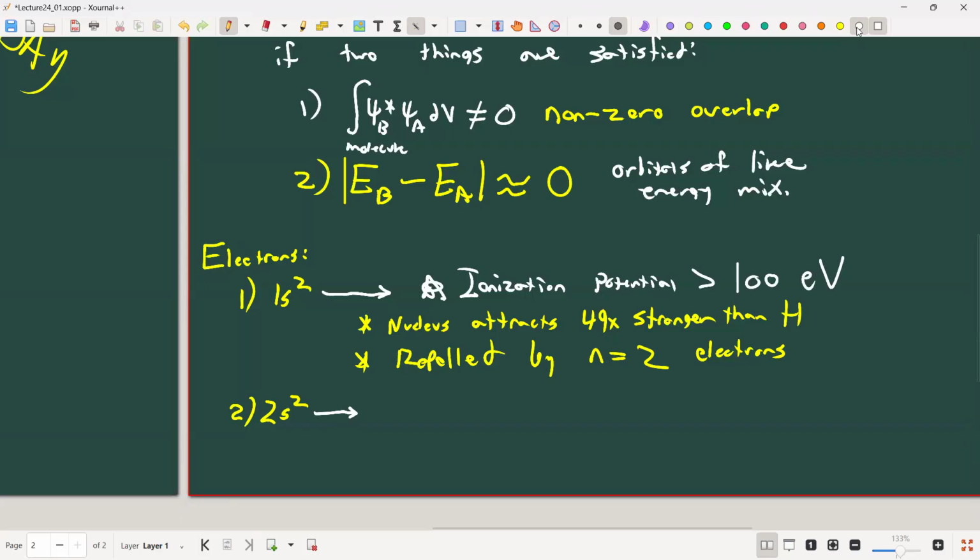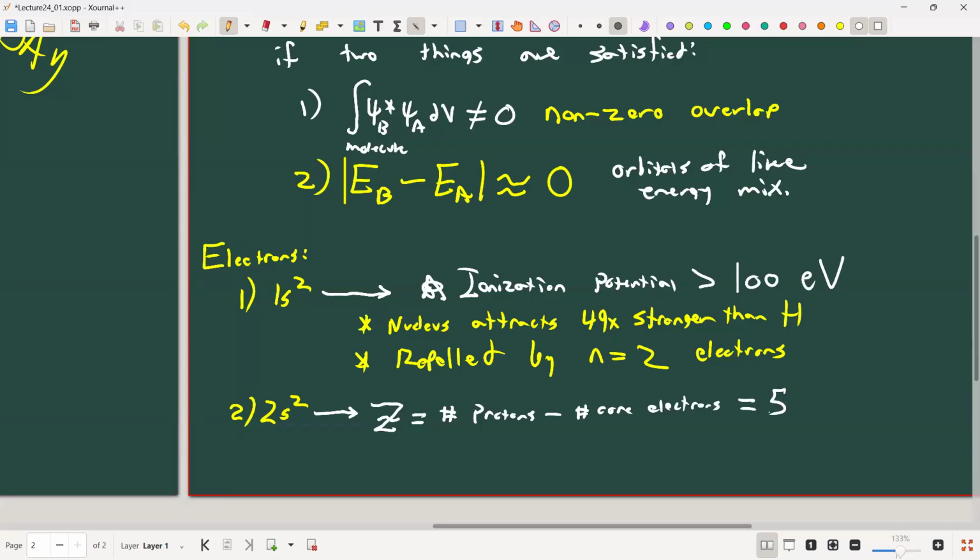So for these, the effective Z that it feels looks like the number of protons minus the number of core electrons, which is 5, right? So these are less shielded. They're less repelled, they're less attracted than you would expect. But they're still repelled by those electrons there.